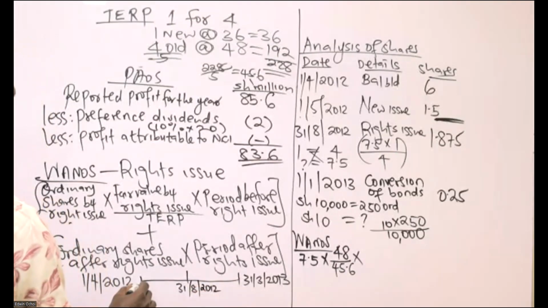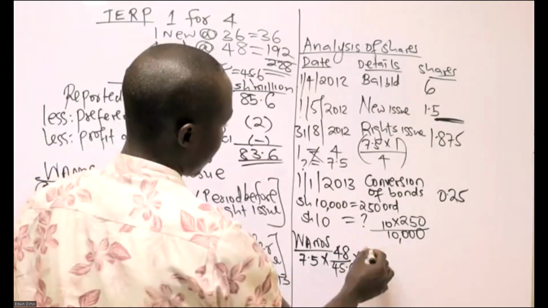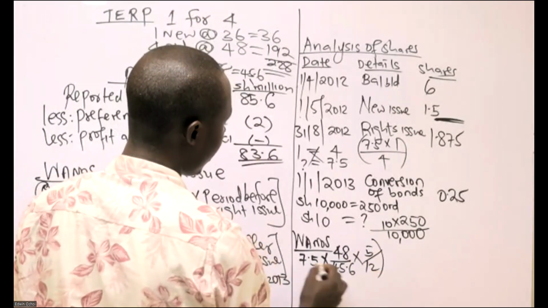So from April to August, how many months are those? April, May, June, July, August, those are 5. So this is 5/12.